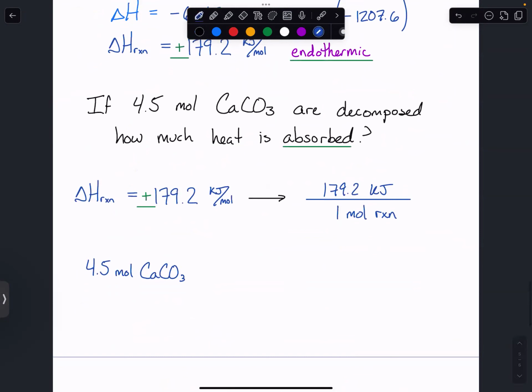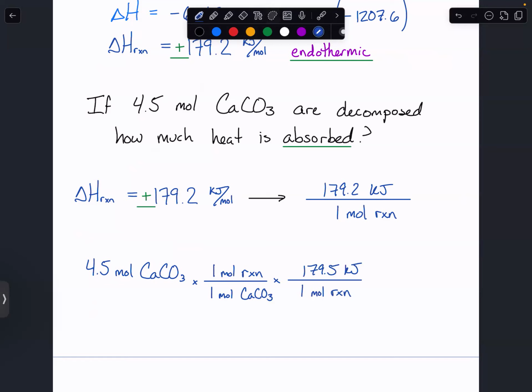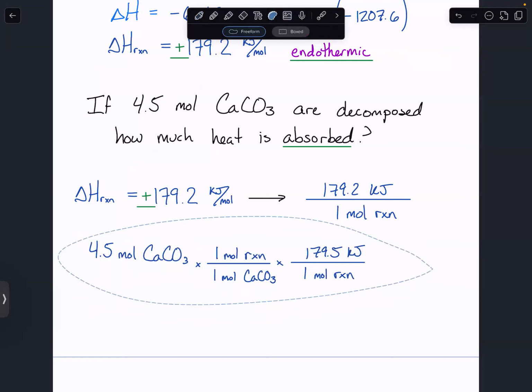Cool. So then if I'm being really good units wise, I'm not going to just multiply this by that delta H straight away. I'm going to convert 1 mole of calcium carbonate to my 1 molar reaction, so my units are correct. In this case, the reaction's 1-to-1. So if you didn't do it, you would have gotten away with it. But if it's anything other than 1-to-1, that's not the case. All right.